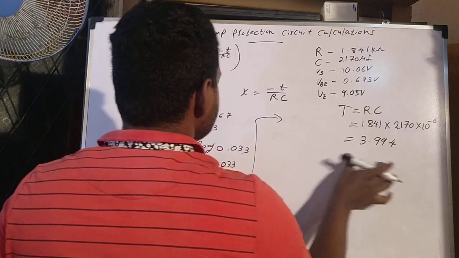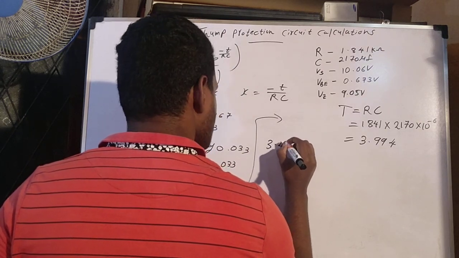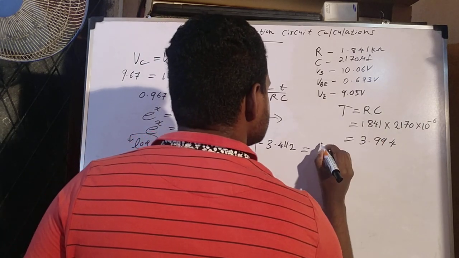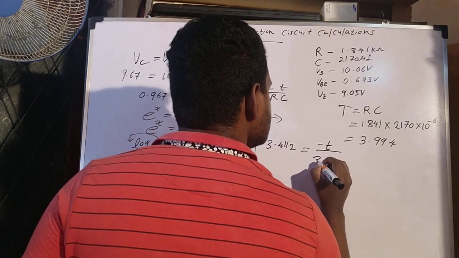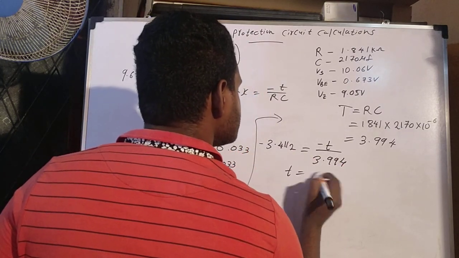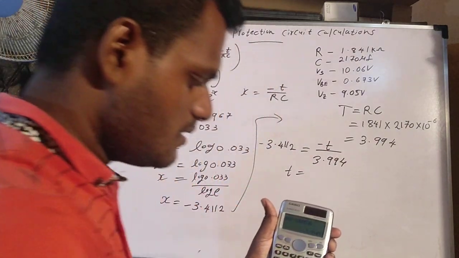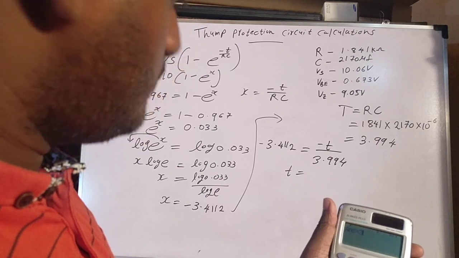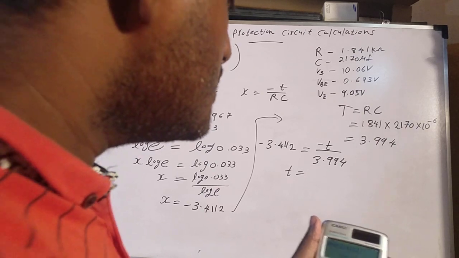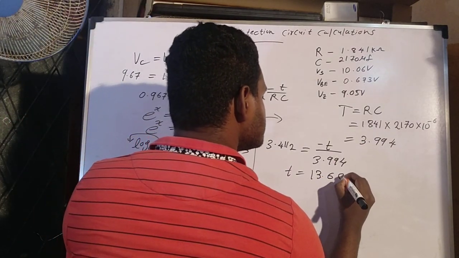Okay, so I'm applying this here. The value is minus 3.4112. I have a minus value, so minus t divided by 3.994, and we can easily find the time, our delay, is 13.6 seconds.